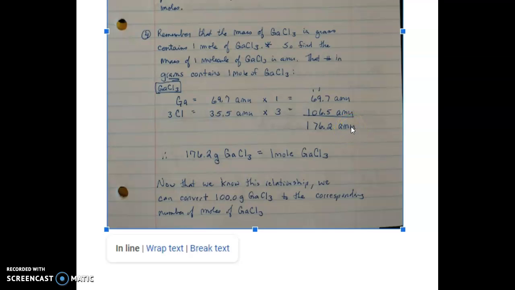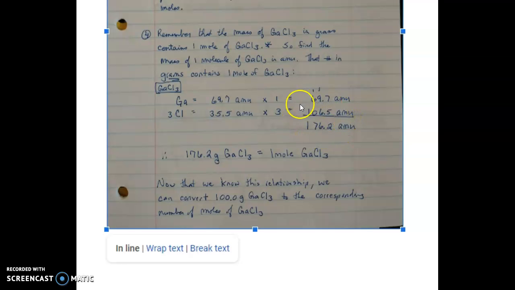That's helpful and good, but this number only tells us that if we take a bottle off the shelf that says GaCl3, empty it out, and measure out 176.2 grams of GaCl3, that 176.2 grams will contain 1 mole of GaCl3.